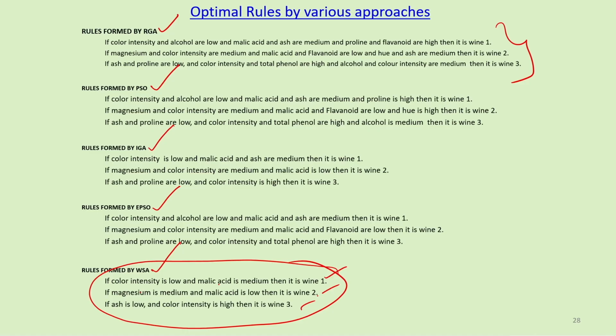If the magnesium is medium and malic acid is medium, then it is fine. See, when you want to obtain the optimal rules using various approaches like RGA, PSO, IGA, EPSO and WSA, you can find different formatting of rules, right. So at one point of time it is easier for you to get rules that are very easy to understand and very easy to follow.